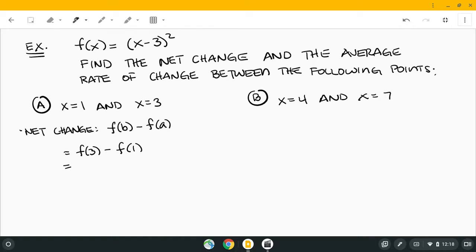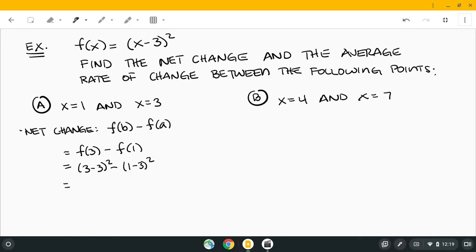So we're going to take this 3 and plug it in for x. So it's going to be 3 minus 3 squared. And then this subtraction here. And then this f of 1 means to replace this x here with 1. So it's going to be 1 minus 3 quantity squared.